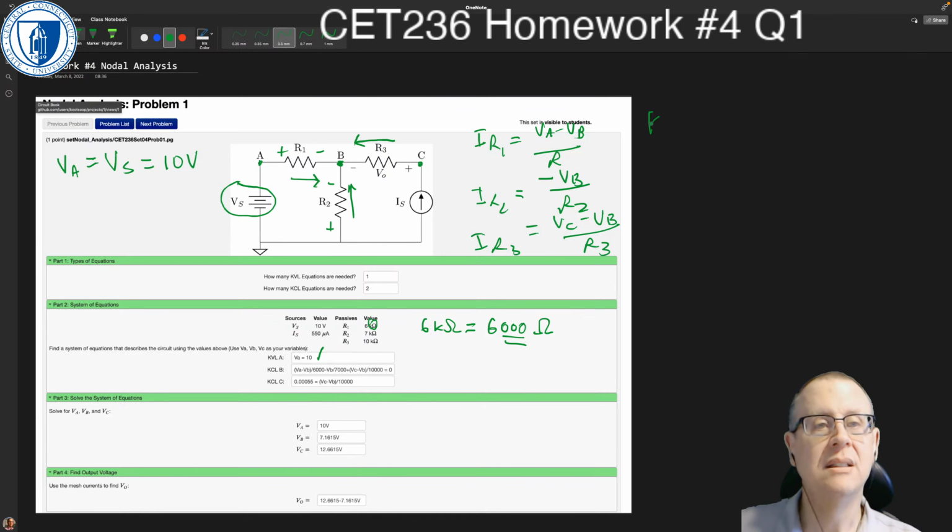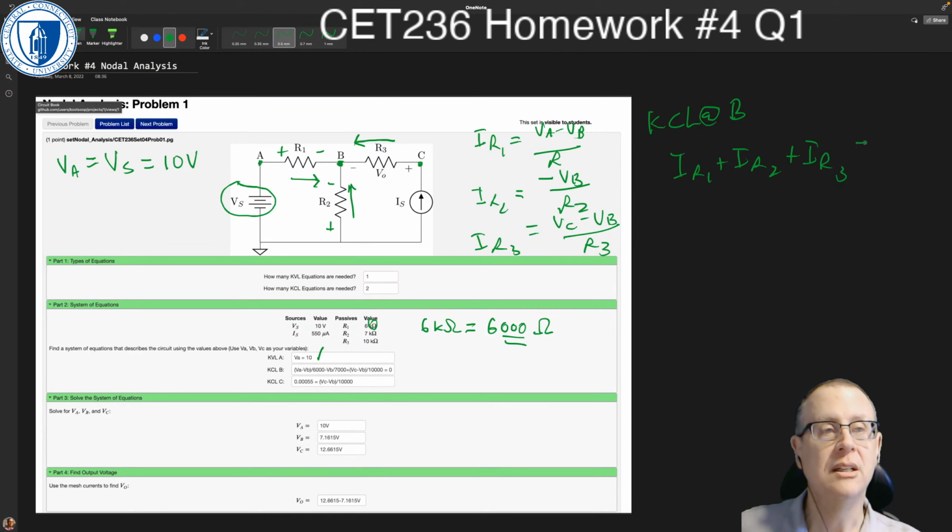Okay, so then our KCL at B is going to be, they're all flowing in, so it's just IR1 plus IR2 plus IR3 equals 0, and we can replace that, and it should be an R1. I didn't put the 1 there, so that's VA minus VB on, and what is R1? R1 is 6,000, minus, oops, no, it's going to be minus, isn't it?